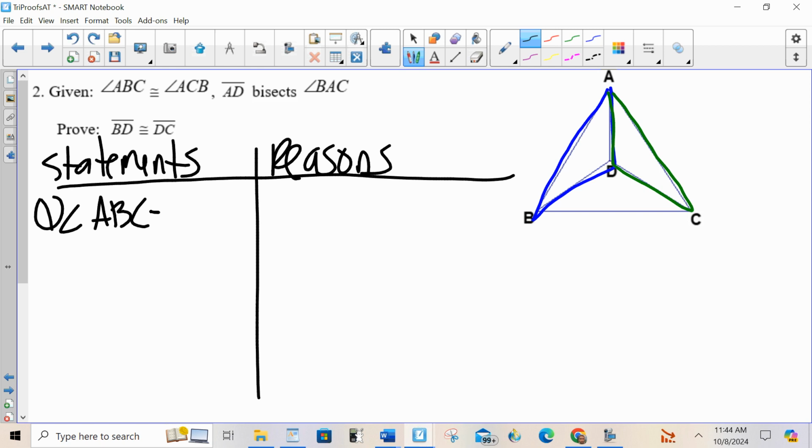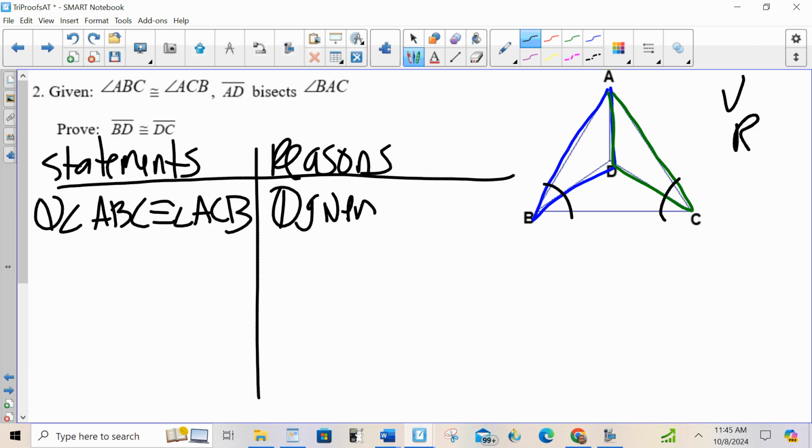I start with my first given. Angle ABC is congruent to angle ACB. The reason is given. ABC and ACB. Are these angles of the triangles I'm trying to prove? No. So, why did they give it to me? VRIAS. V, do they have anything to do with vertical angles?